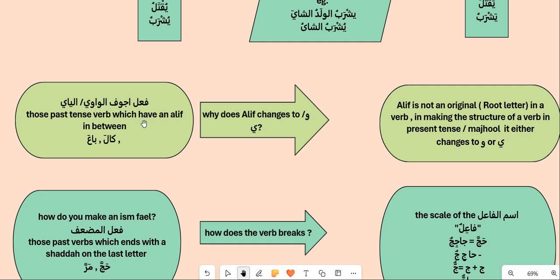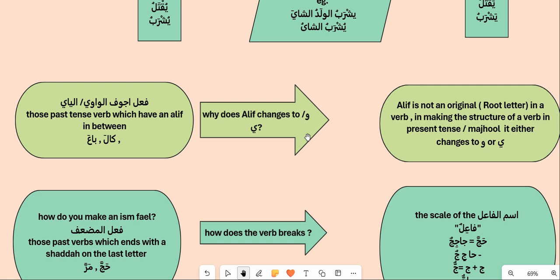So what are this waw and ya? Those past tense verbs which have an alif in between, as you saw in question number 2, qala and ba'a. So why does the alif change to waw and ya? There is some information on the alif: whenever you come across these verbs with an alif in between, know that the alif is not the original root letter of the verb.